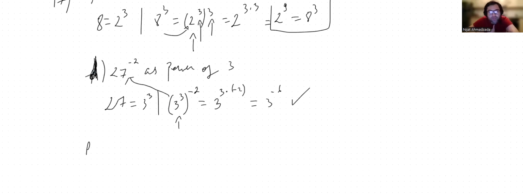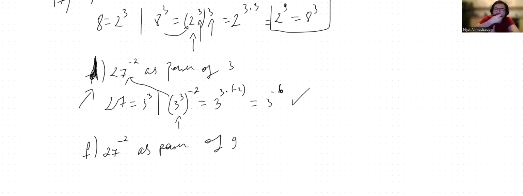So part F. Now, guys, this is a little tricky, but I'm sure that you can do it. We have to write 27 to the power of negative 2 as a power of 9, right?